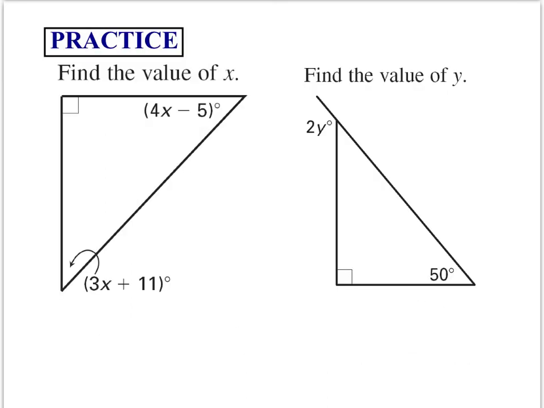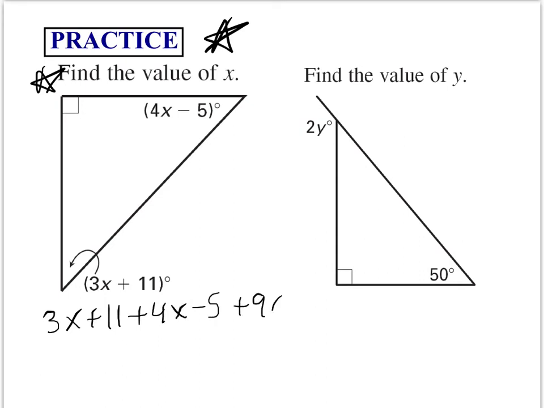Okay, so let's do some practice problems now. Let's look at this problem on the left here. So we're finding the value of x. I know that for this triangle, the sum of these interior angles needs to add up to 180. So what I'm going to do is say, okay, 3x plus 11 plus 4x minus 5 plus 90 needs to equal 180.